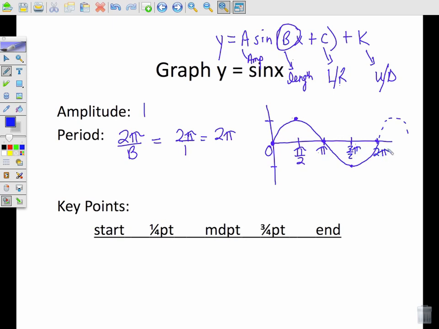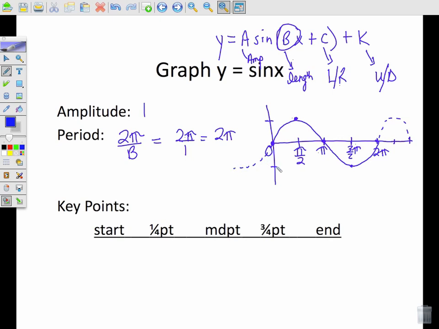I could keep going with my labels; the next mark would be 5/2 pi here, and so on. What we're going to notice here is this sine curve keeps repeating that curve throughout, going either direction.